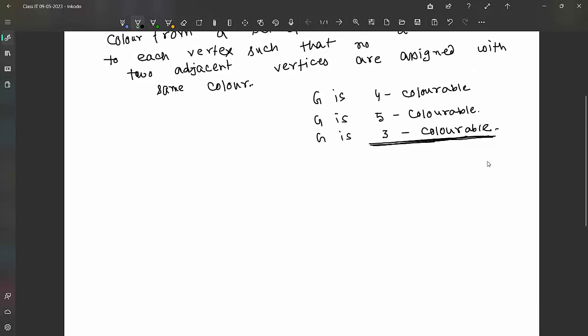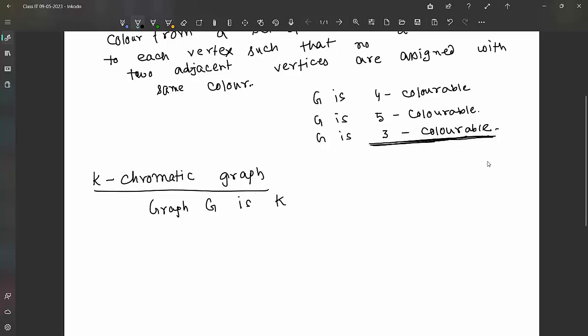So when we say this term, the K chromatic graph, that means directly that this graph G is K colorable, but not K minus 1 colorable.